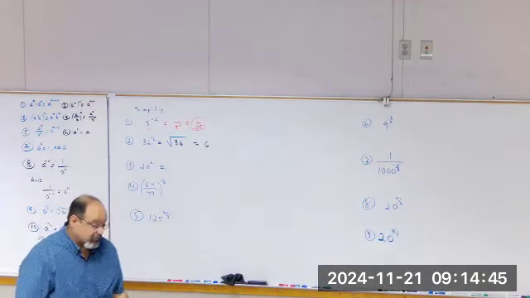So a 3 over 2 power. This is 1 over. The denominator's a 2, so it's a square root. The base is a 9, so the 9 is the radicand.